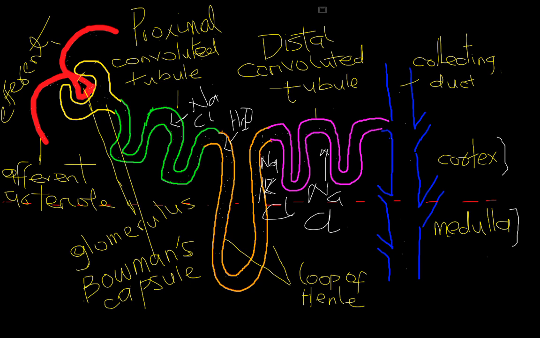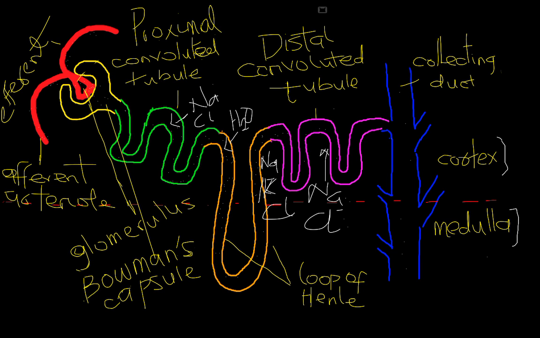and chlorine. Okay, I advise you to bring out a book. If you have a notebook close by, you can quickly jot down the various points where these minerals are being absorbed. So that's what happens at the distal convoluted tubule: there is reabsorption of sodium and reabsorption of chlorine.